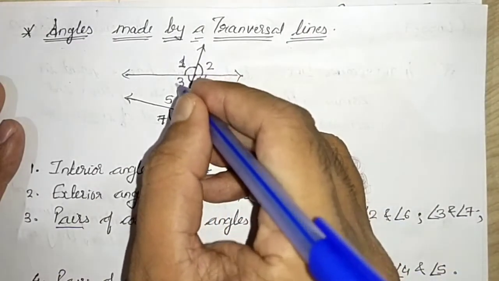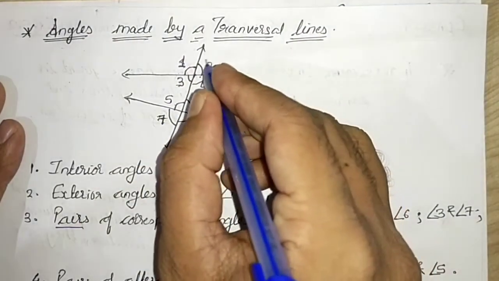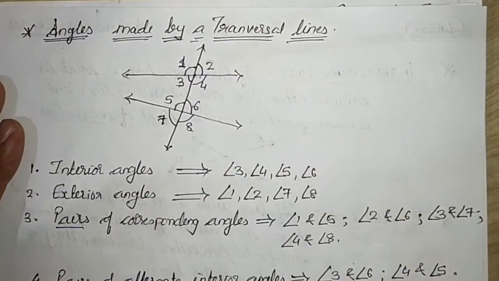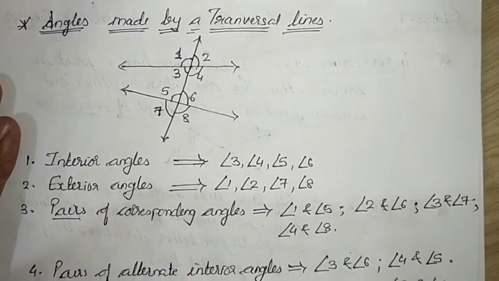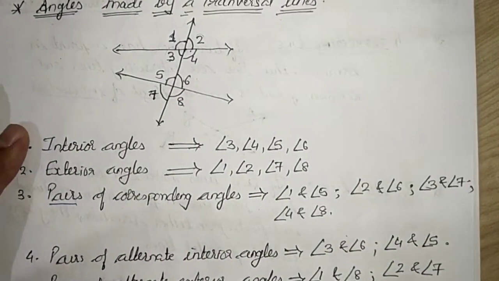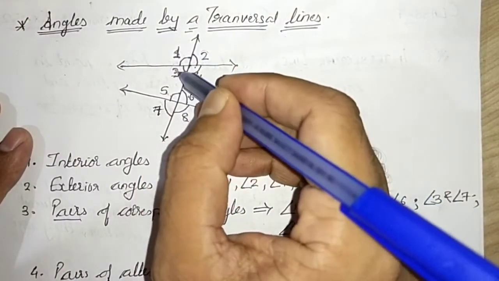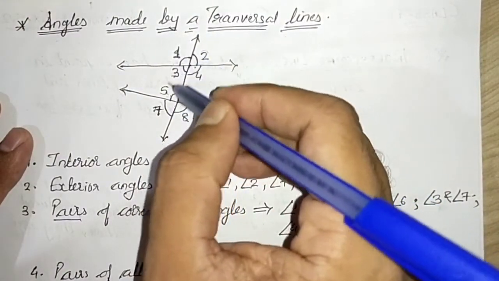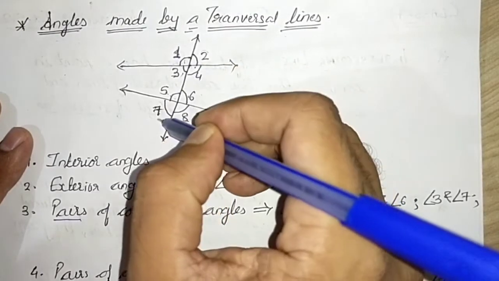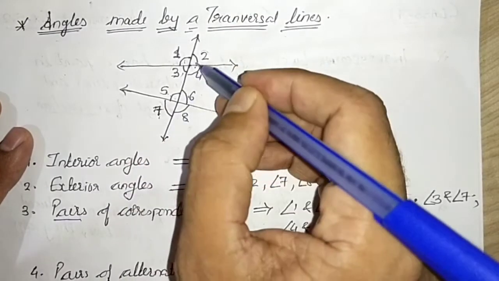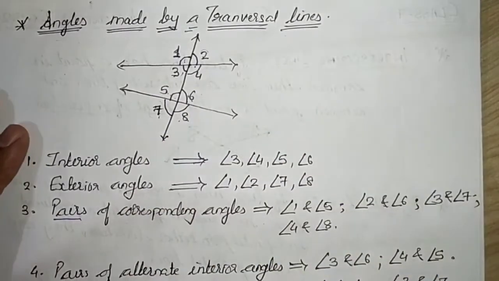Similarly, 3 and 7 are called corresponding angles. 2 and 6 are called corresponding angles. 4 and 8 are called corresponding angles. Again I am repeating, 1 and 5, don't take 3. 1 and 5 are called corresponding angles. 3 and 7, 2 and 6, 4 and 8 are corresponding angles.